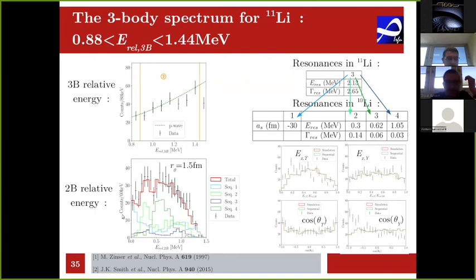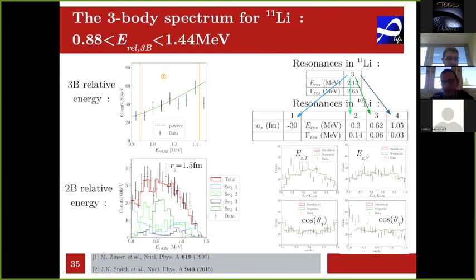Here, from the two-body relative energy spectrum, we see that this spectrum is fitted with only sequential decays from this 2 MeV state to several intermediate states in lithium-10. And we see that EXY and cos theta t are well reproduced, unlike, for example, cos theta y and EXT, which are not so well reproduced.